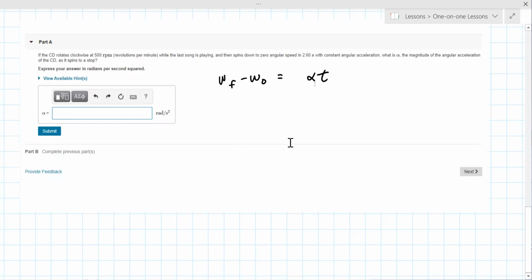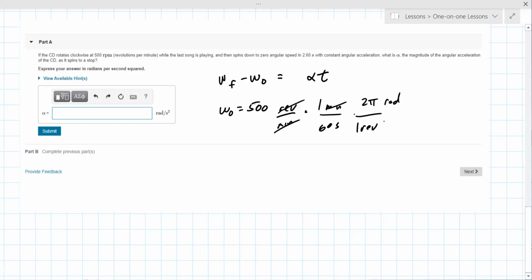Okay, sorry, the initial is 500 RPMs. Omega 0 is 500 revolutions per minute, but that's the wrong units here. So in 1 minute, there are 60 seconds, and 1 revolution is 2 pi radians. So this gets us down to the units of radians per second.